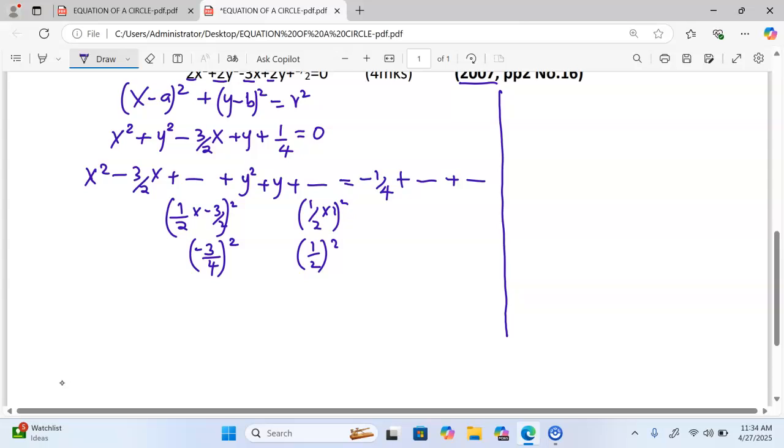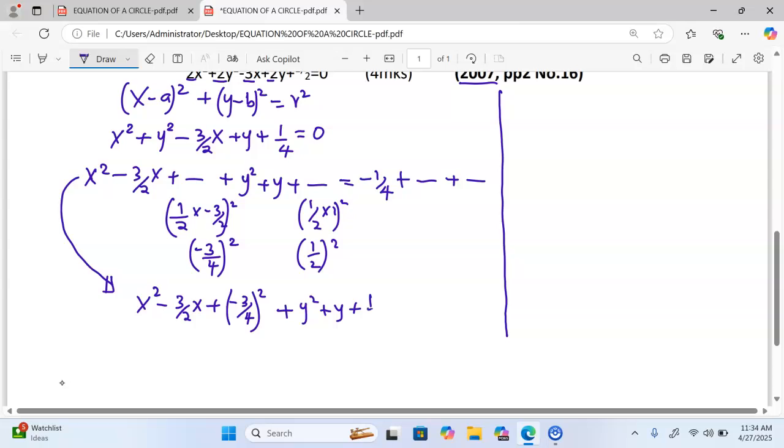So we bring down this general part of the equation such that we have x squared minus 3 over 2x plus half b squared is negative 3 over 4 squared, plus we have y squared plus y plus the term that we were adding, that is half b squared.